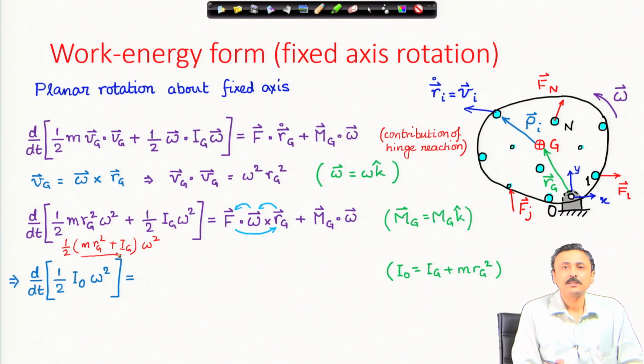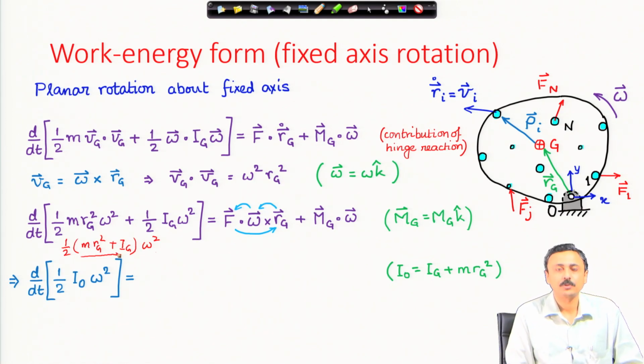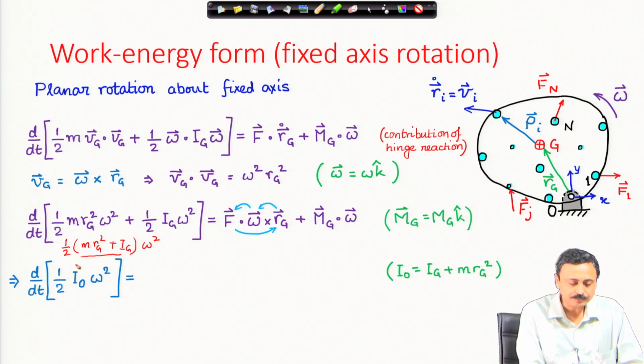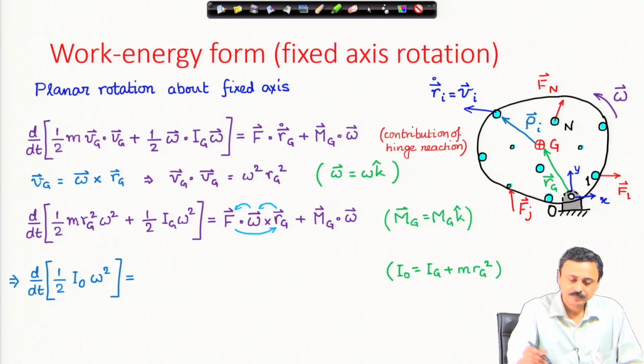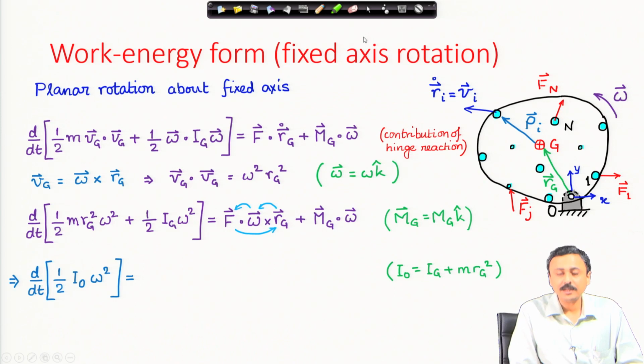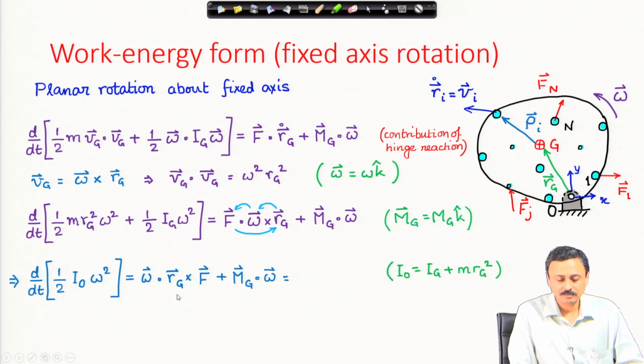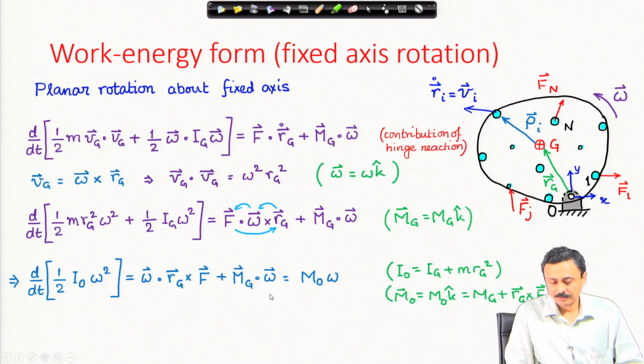This is nothing but the parallel axis theorem to find out the moment of inertia of the body about O. Therefore, this is I O. Therefore, half moment of inertia about O times omega square is the net kinetic energy of the body, and on the right hand side by using this rotation I can write omega dot r g cross f plus m g.